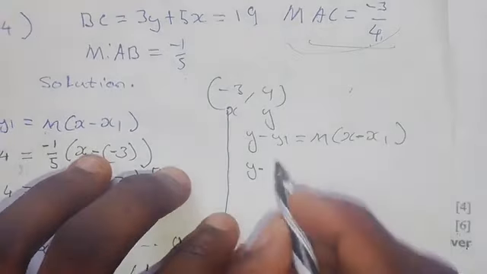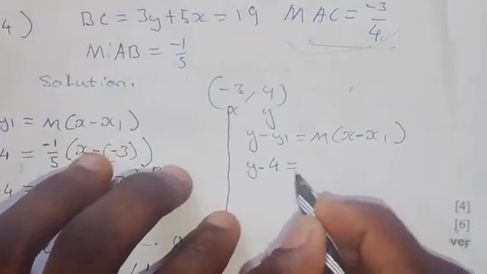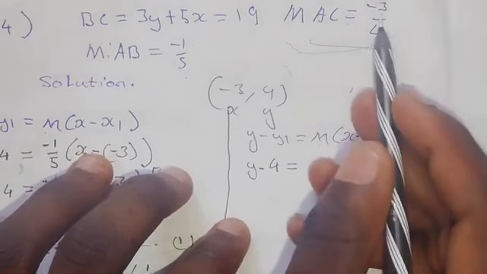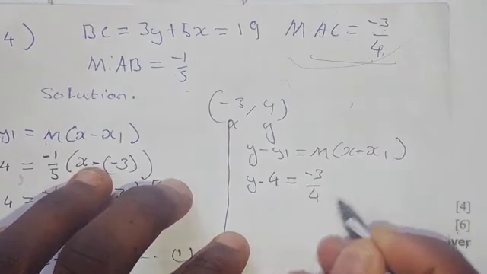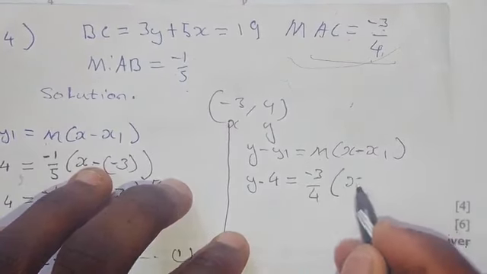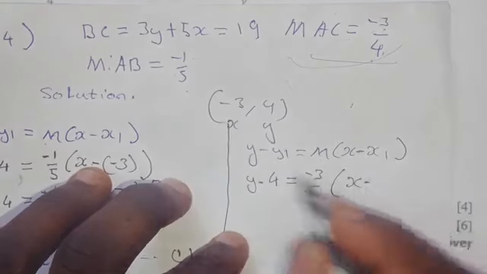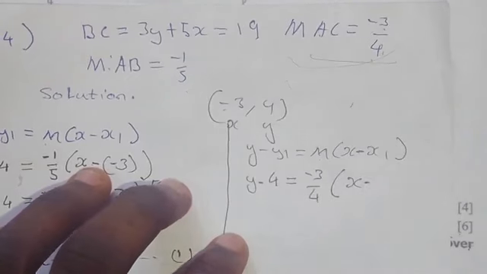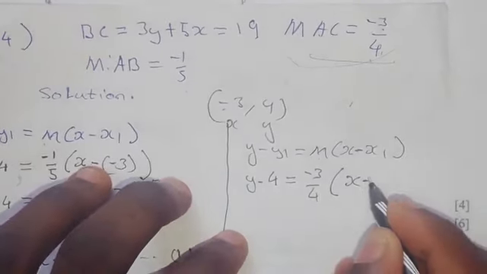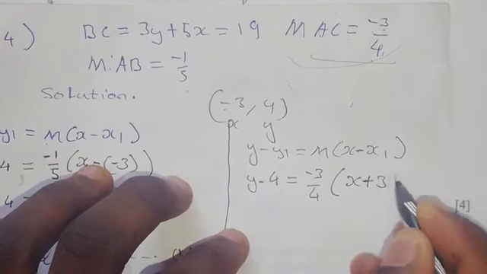So we have 4 is equals to our m, the gradient, negative 3 over 4, times x minus our x1, which is negative 3. Since here it's negative and here it's negative, negative times negative gives us a positive. So here we are going to have a positive 3.